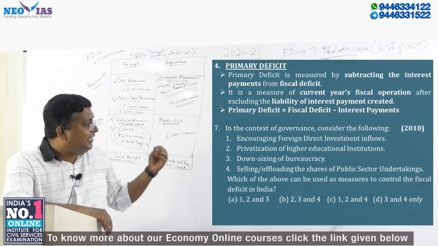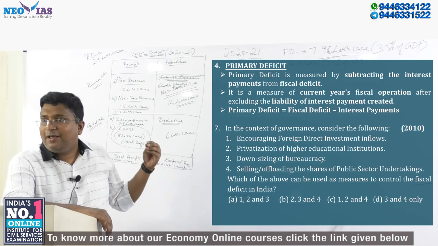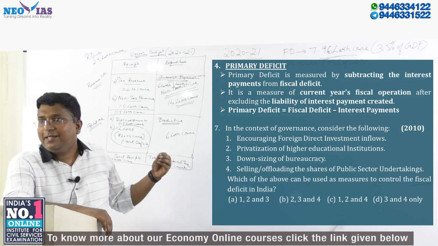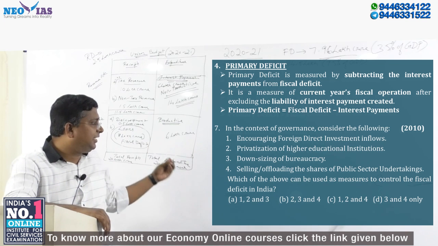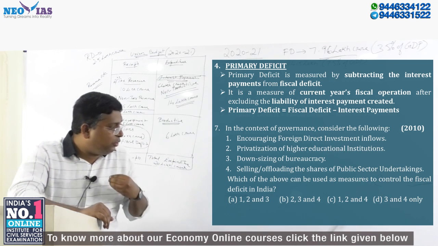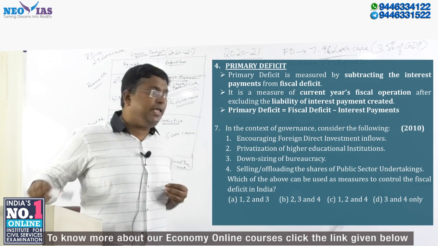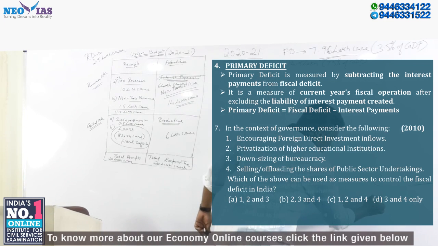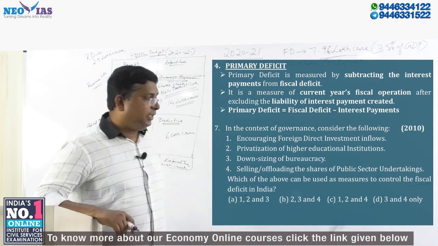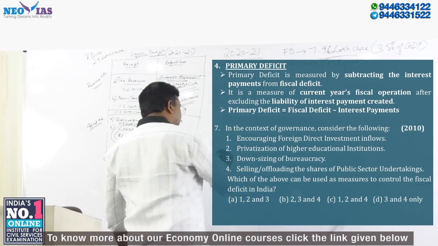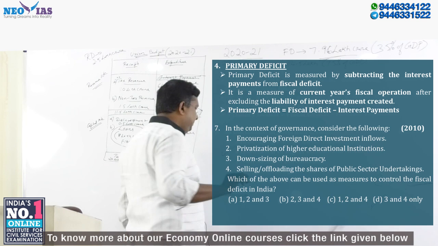So privatization of higher education institutions will help in controlling the fiscal deficit. So the second statement is right. So the second statement has to be there. So which one can you eliminate now? D can be eliminated. So we know that the second statement is correct.